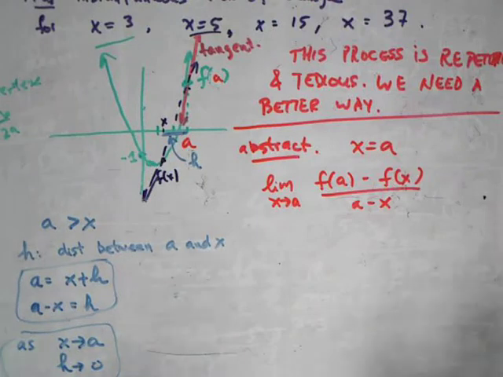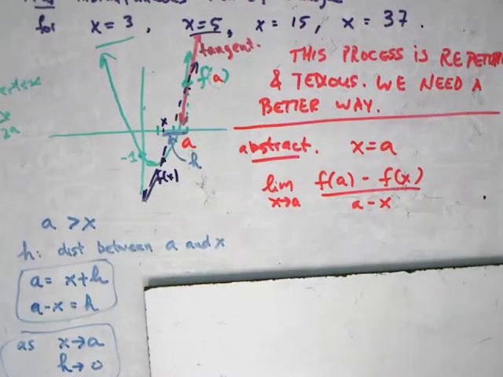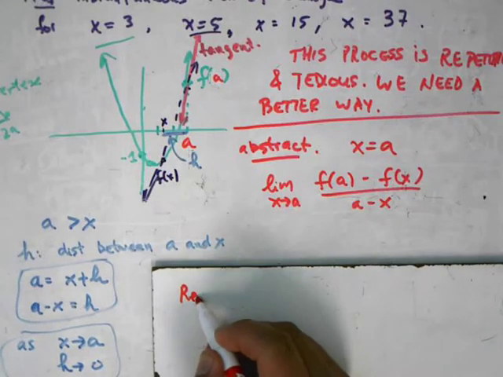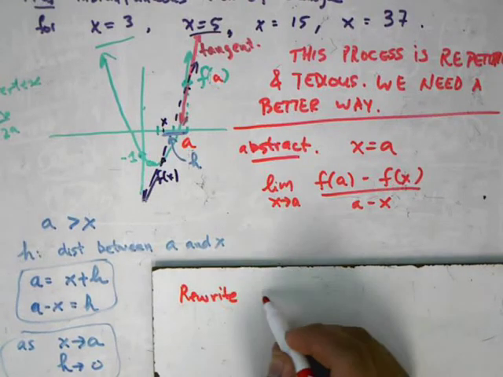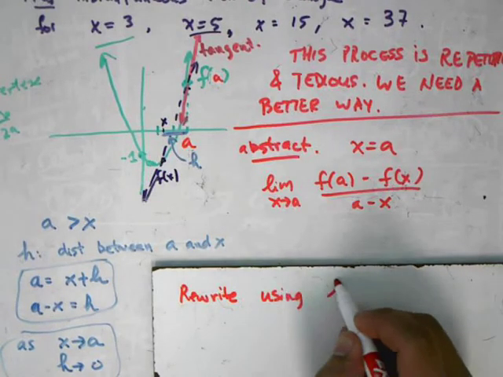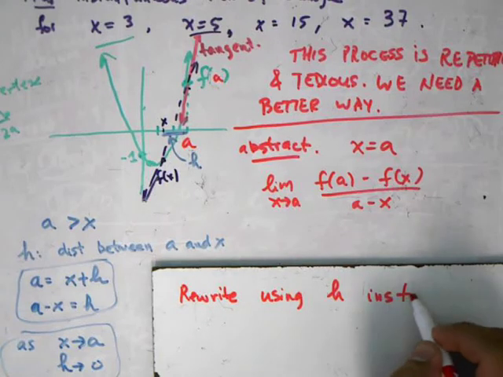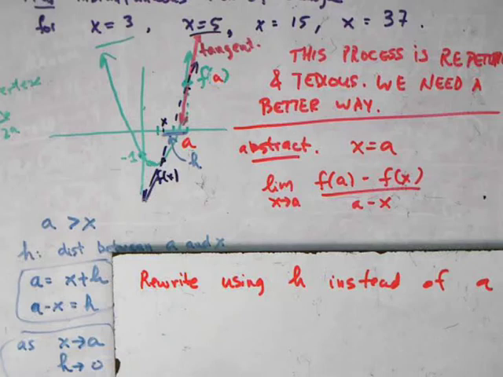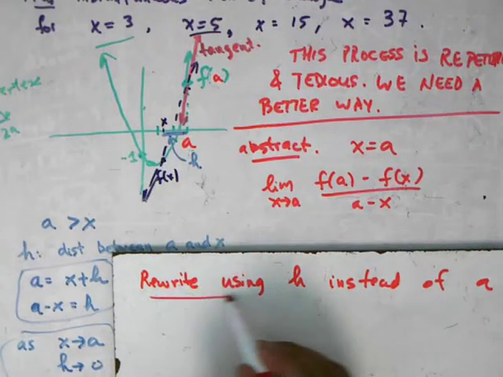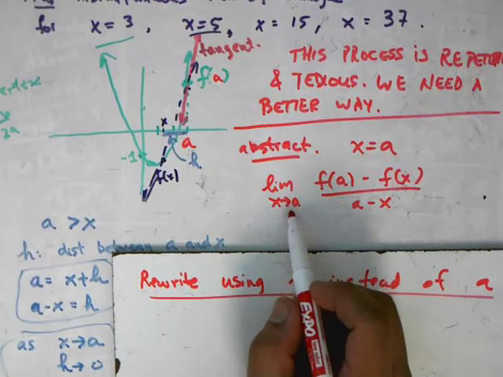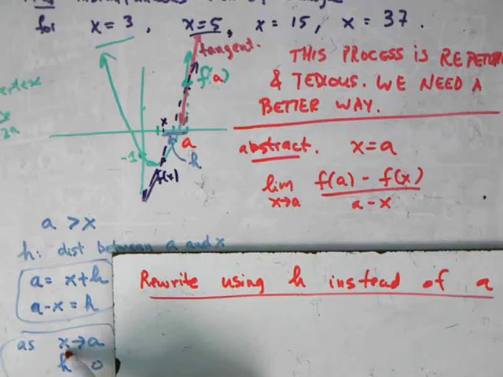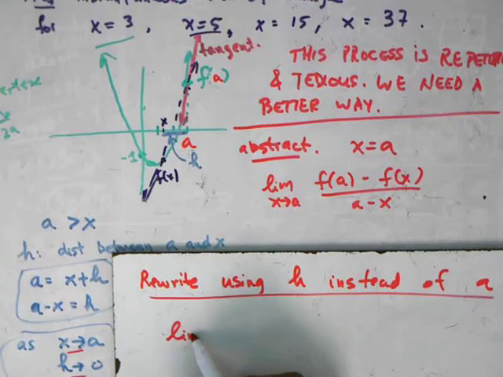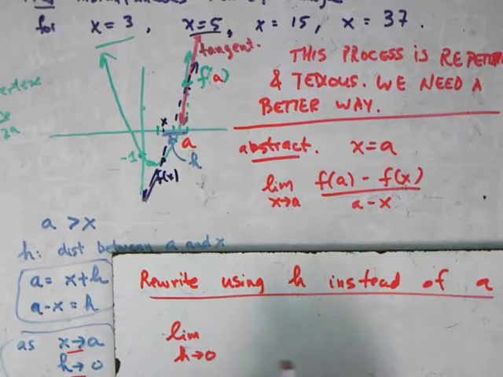And I'm going to use a new board here. So this is going to take a little bit of space. So I am going to rewrite everything using h instead of a. So now I'm going to say, instead of the limit as x approaches a, the limit as h approaches 0, because those are the same thing.